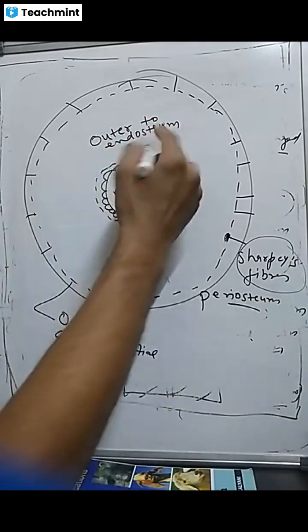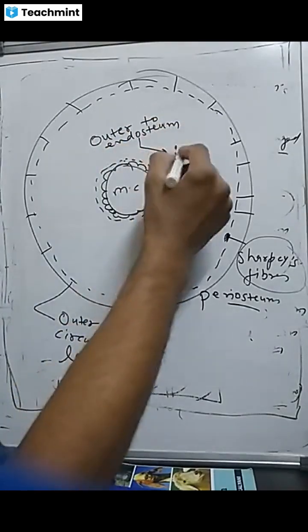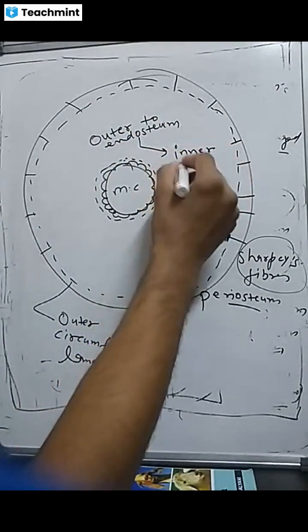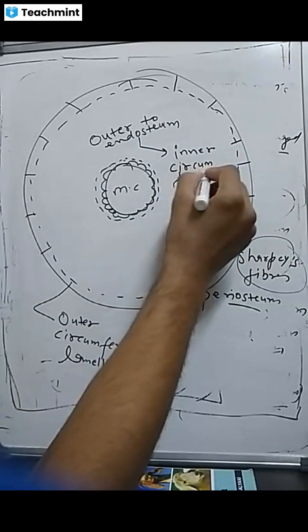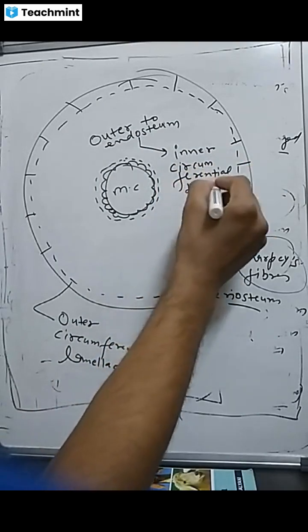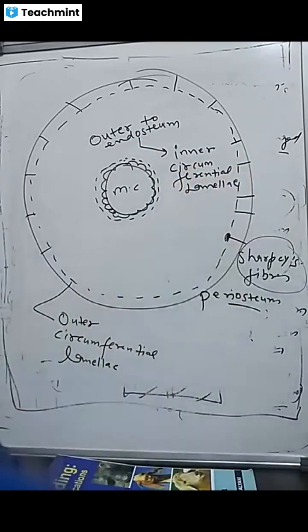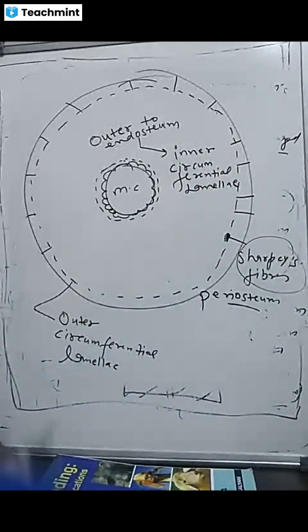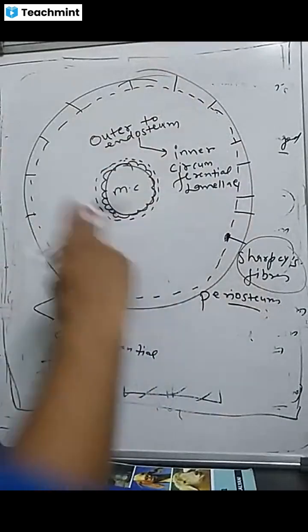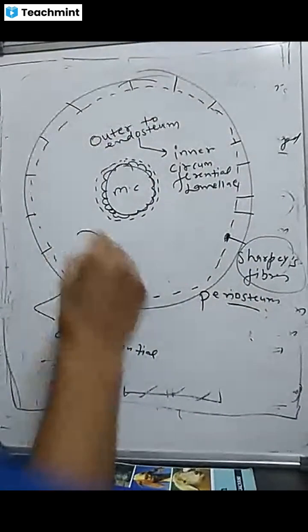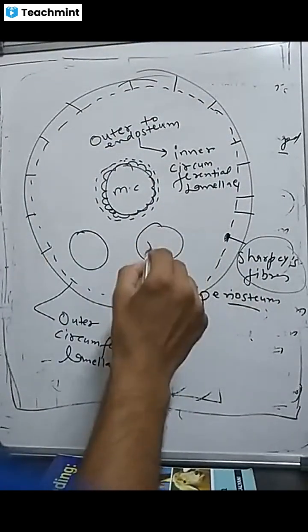Outside the endosteum, you can find the inner circumferential lamella. So the lamellae are: one outer circumferential, one inner circumferential, and the Haversian system.